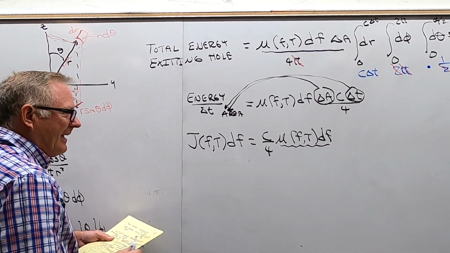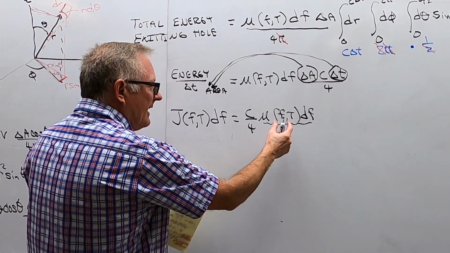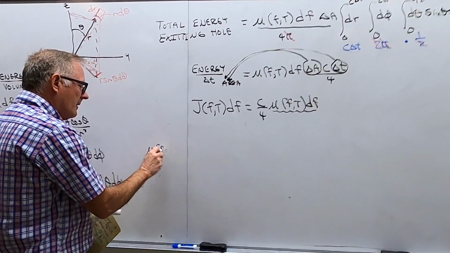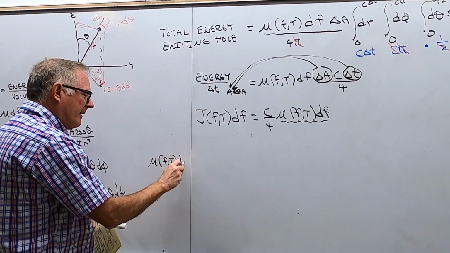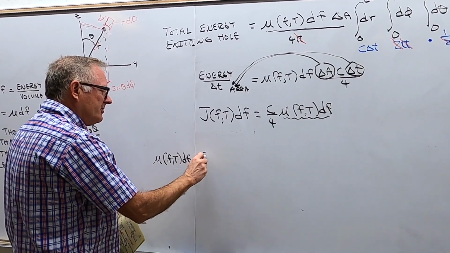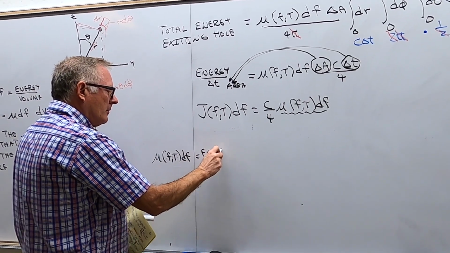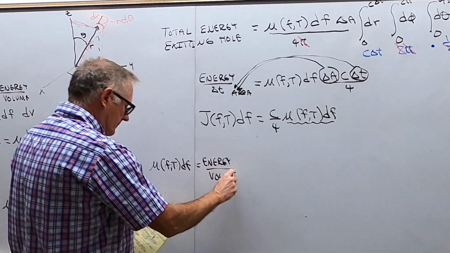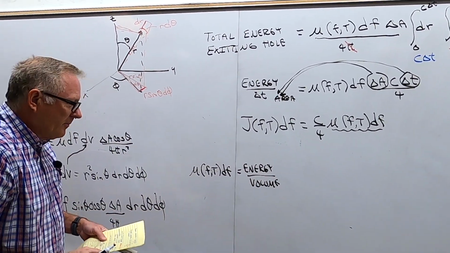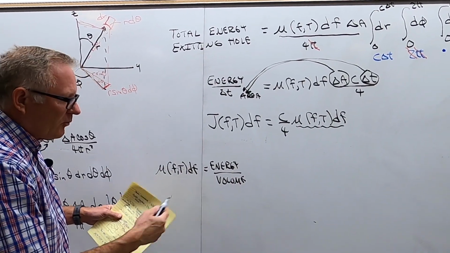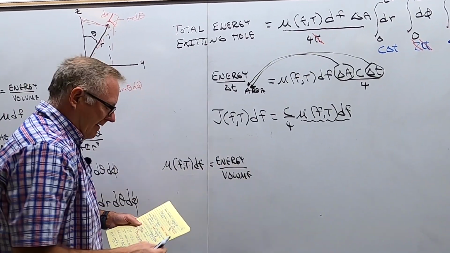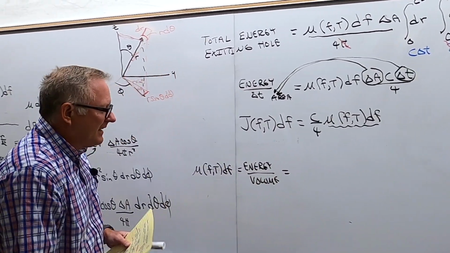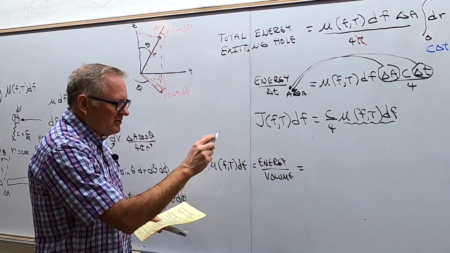So again, this is the energy per volume. So mu(f, T) df is the energy per volume. Within a little range between f and f plus df, remember, what's creating this energy are these oscillators on the wall.